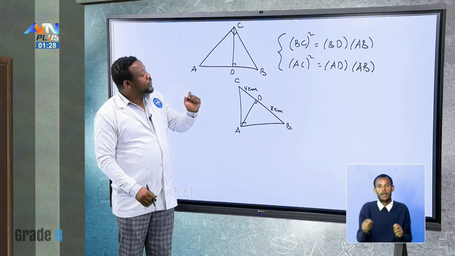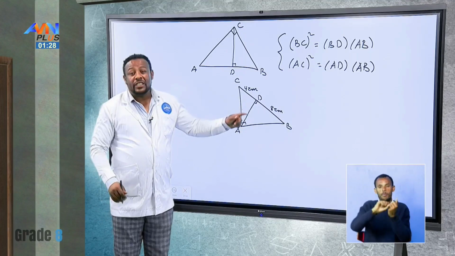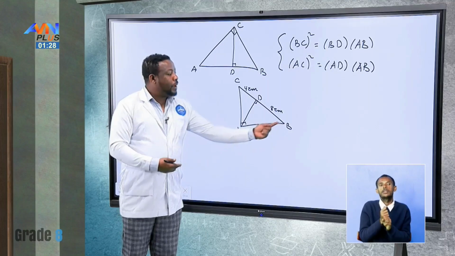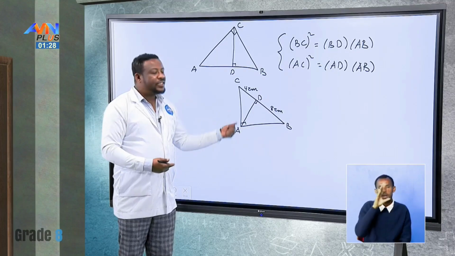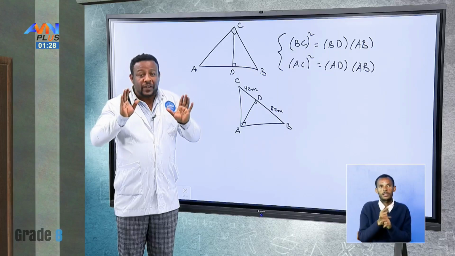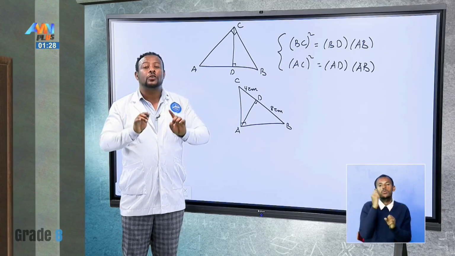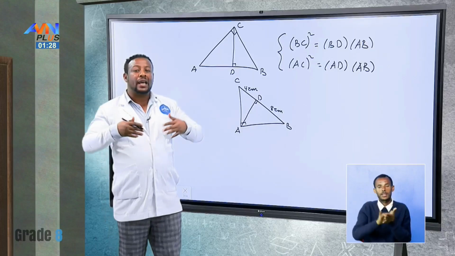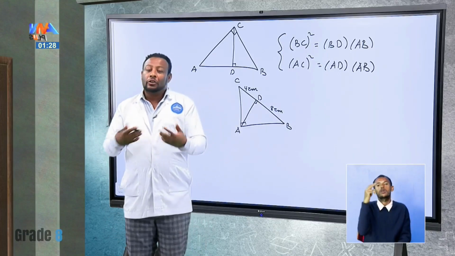Okay, so now, based on this information, you may be asked to find the lengths of AB and AC, right? So the first thing that you need to do is you need to remember what Euclid's theorem is saying, or the formula that can be used in Euclid's theorem.